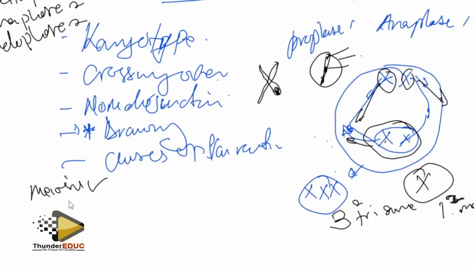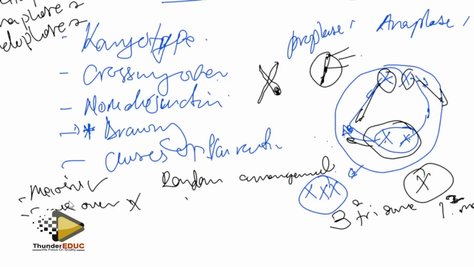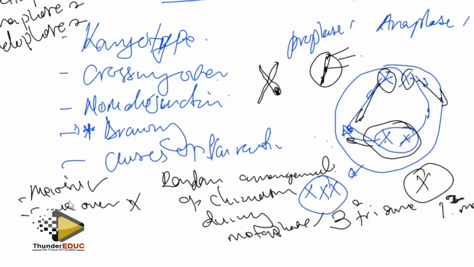And then the next point is going to be crossing over. We're going to say thank you. Then it's going to say random arrangement of chromosomes during metaphase. We're going to say yes, but no.